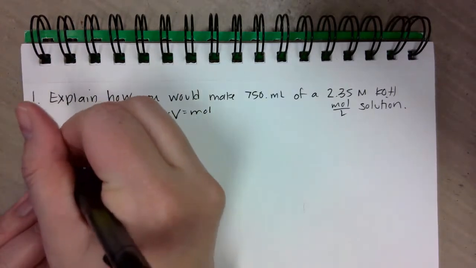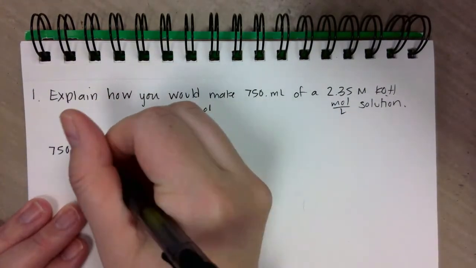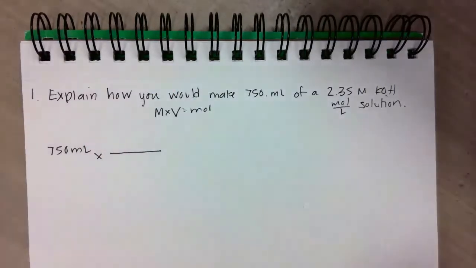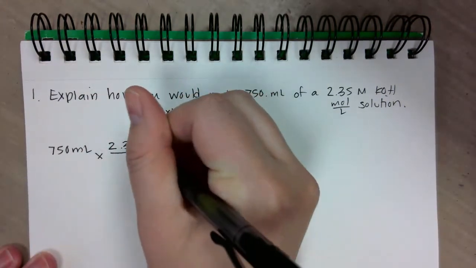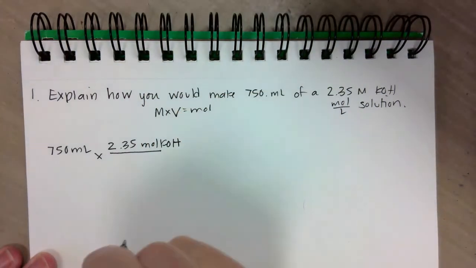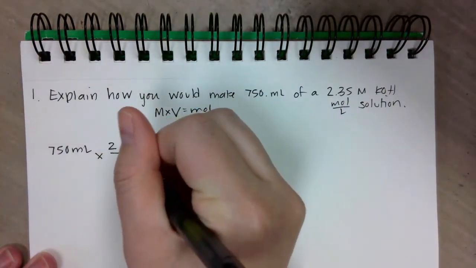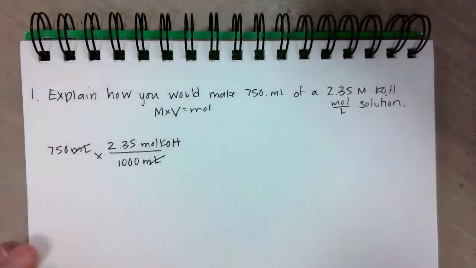If I have 750 milliliters of solution that I'm making and I want to multiply it by my molarity, I'm not going to write it as moles per liter. I am going to write it as 2.35 moles of KOH divided by 1,000 milliliters. That way my milliliters cancel out.